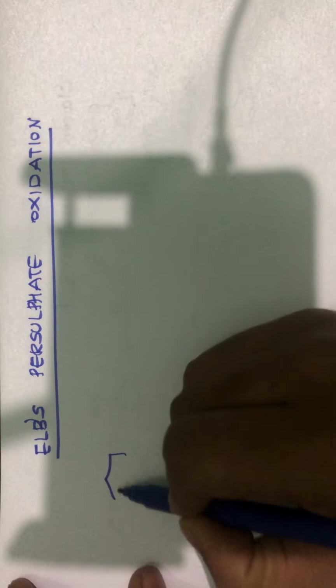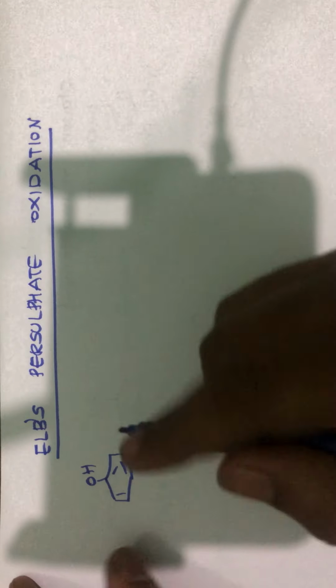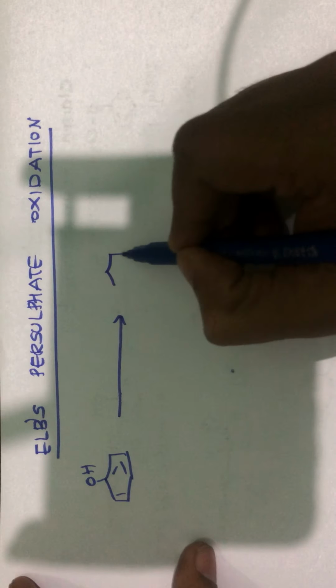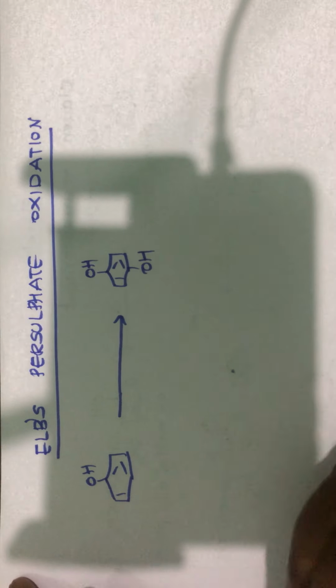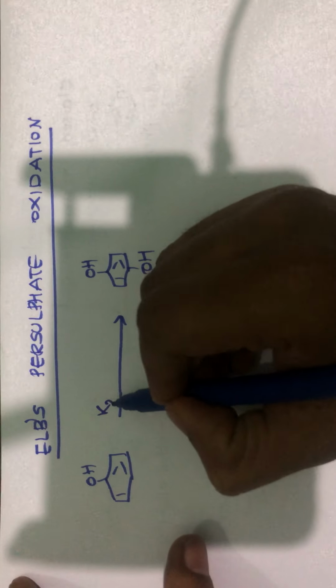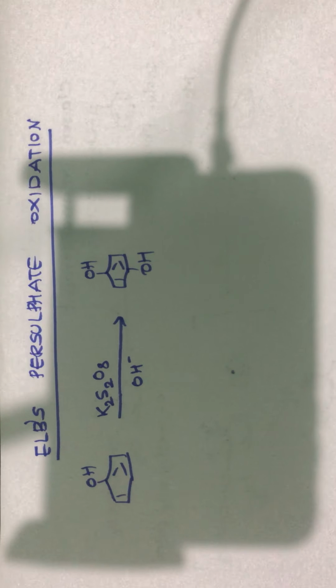Elbs persulfate oxidation is a reaction to convert monohydric phenol into dihydric phenol by treating phenol with potassium persulfate in alkaline medium. Monohydric phenol means phenol containing only one OH group. This monohydric phenol is converted into dihydric phenol with potassium persulfate, K2S2O8, in alkaline medium.